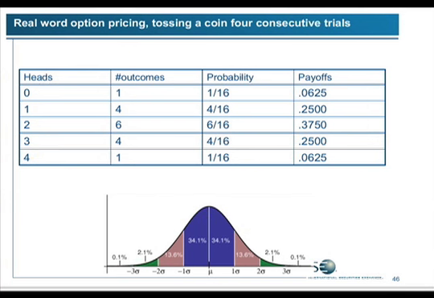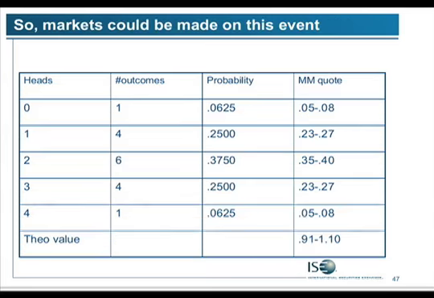Well, you could do the math, and essentially it comes out to be 1/16 of 0 heads or 4 heads. So what's my payoff? It should be 0.0625, right? Because it's the 16th. So I could actually make markets based on that probability.